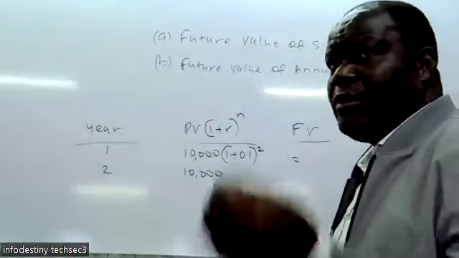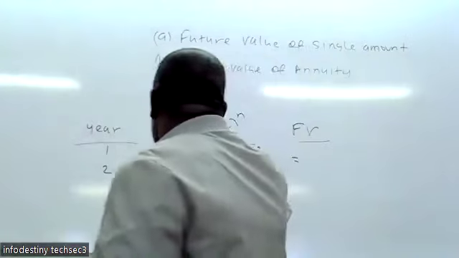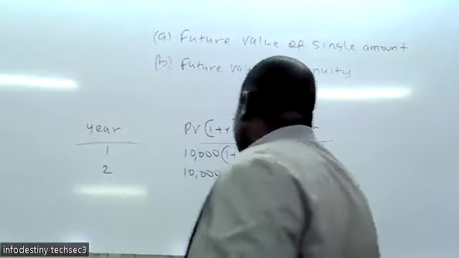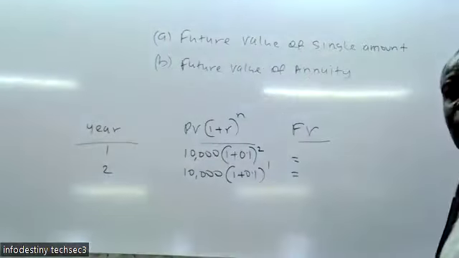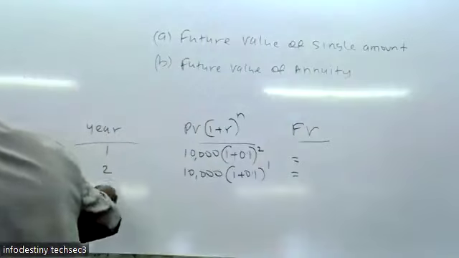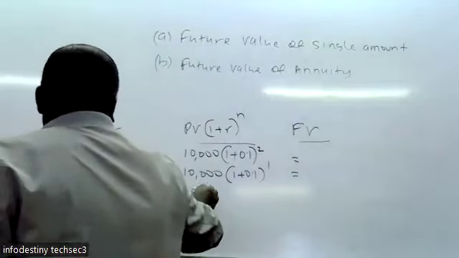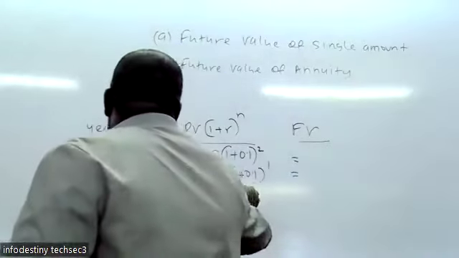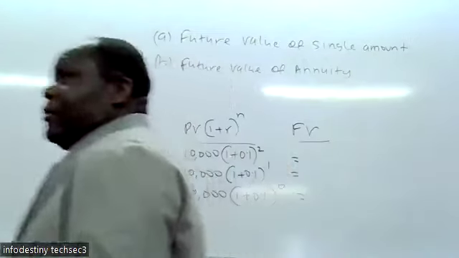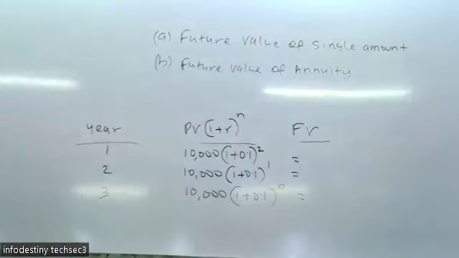When you receive at the end of year 2, you reinvest it for the remaining 1 year to go to year 3. You do the same for year 3, where you also take 10,000 times 1 plus 0.1, but n will be 0, because we have received the money at the end of year 3. So the time you reinvest will be 0.